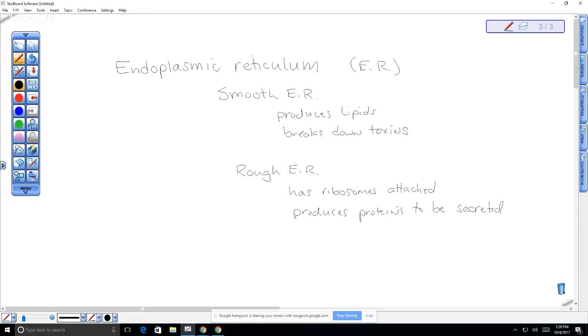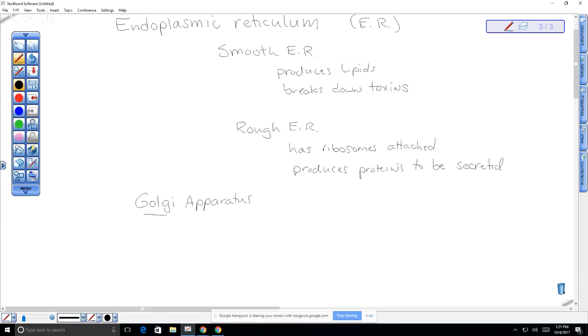The next structure is called the Golgi apparatus. And Golgi is the name of a person, so don't try to figure out what that means from a term, from a Latin or Greek root. The Golgi apparatus is another structure that produces sugars, carbohydrates.